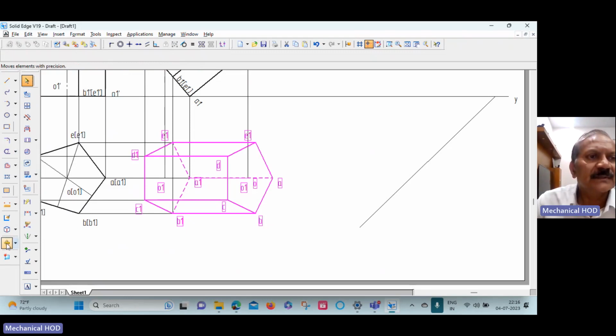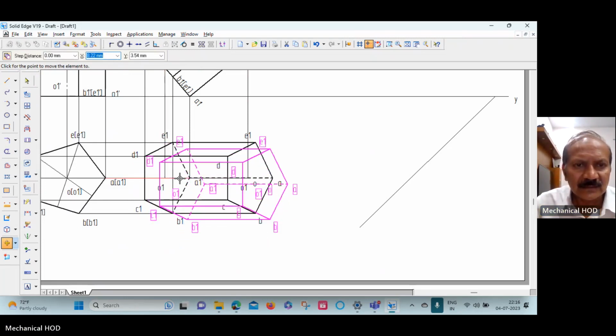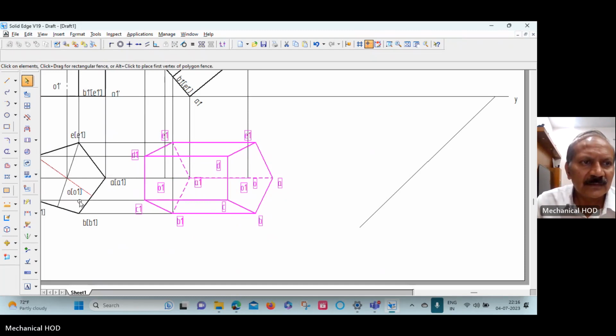We have to move this. Copy and from the axis to axis. So this is the axis here. The axis. Then move it.